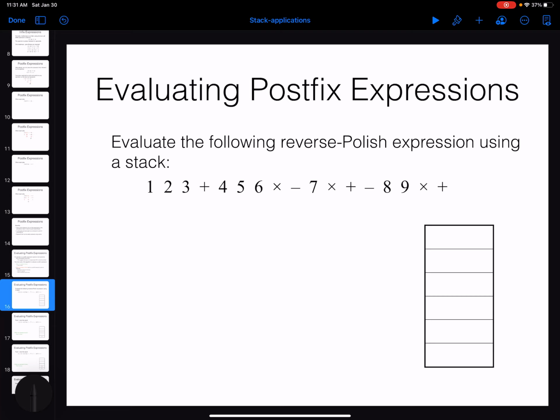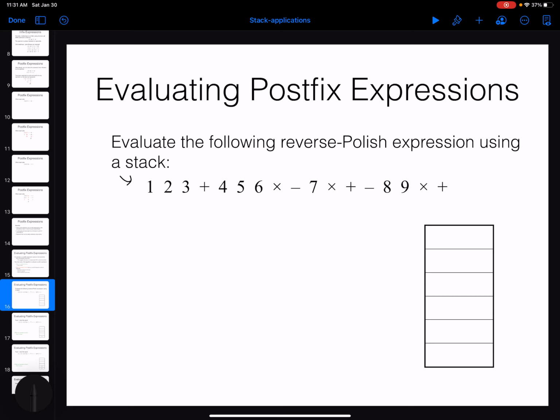You can see that this example looks very complicated for us as humans, but I'm going to just apply the algorithm that I explained to you. You read the input expression left to right, token by token, and for each token I have two cases. Either this is going to be an operand or an operator.